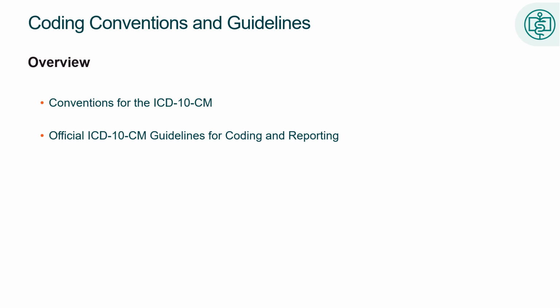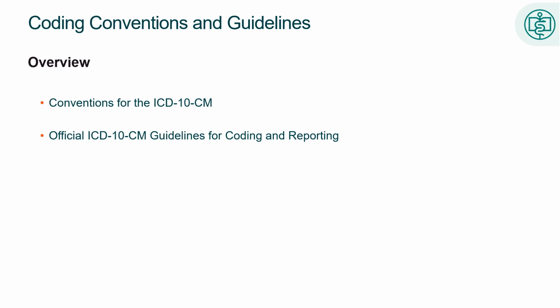At the front of the ICD-10-CM, the conventions for ICD-10-CM and the official guidelines for coding and reporting are found. The conventions and guidelines instruct coders in how to read the book and how to properly report and sequence diagnosis codes. Time should be taken to review both conventions and the guidelines.